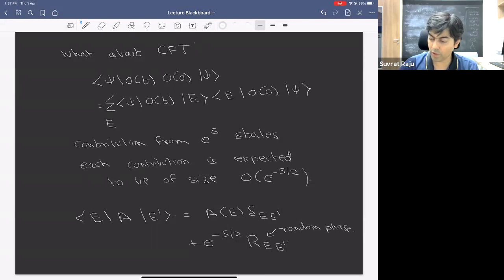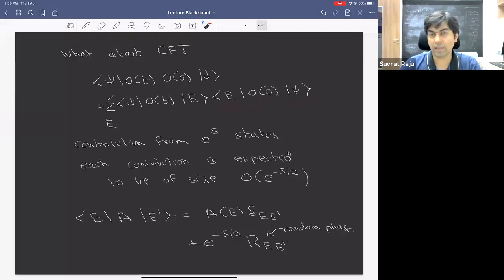So if you were to apply this hypothesis here, psi itself is some linear combination of different energy eigenstates. If you were to expand out this psi, you would get this diagonal term, which is E into O into E itself.